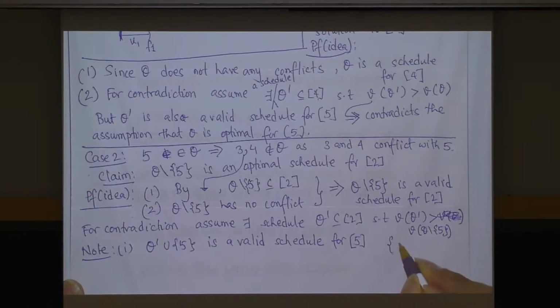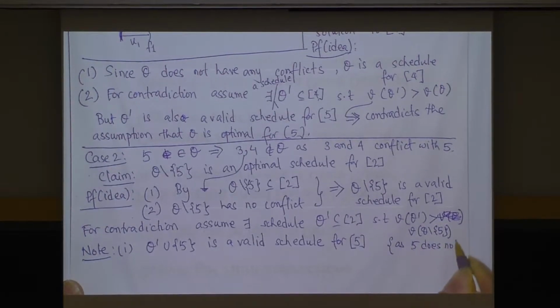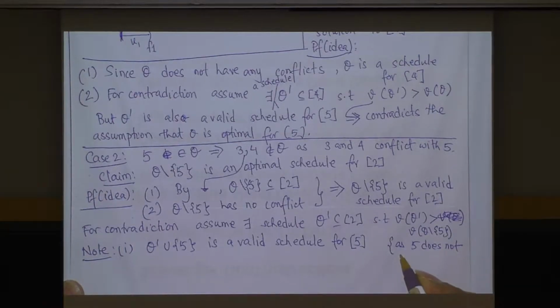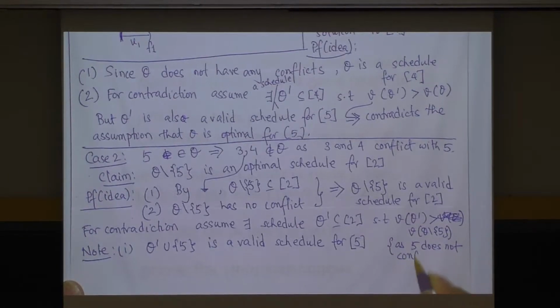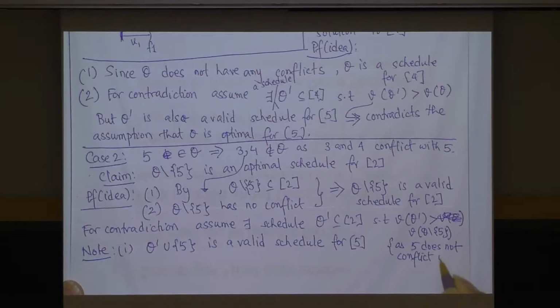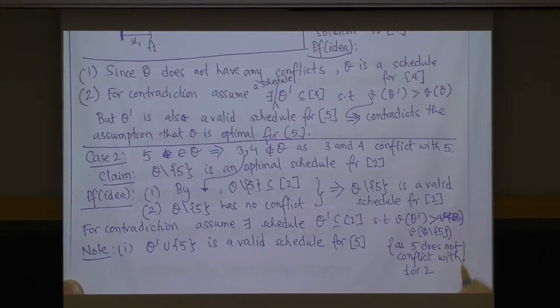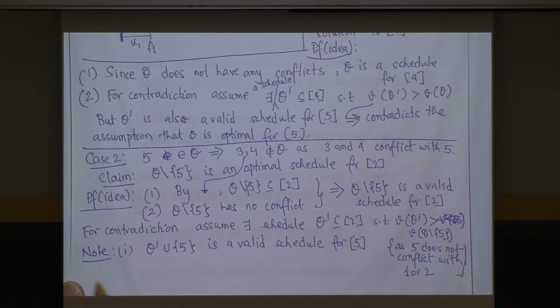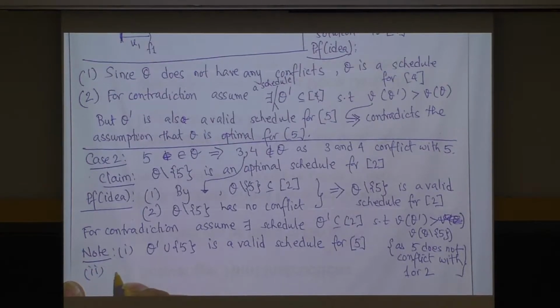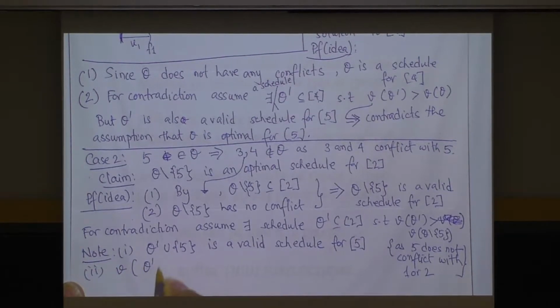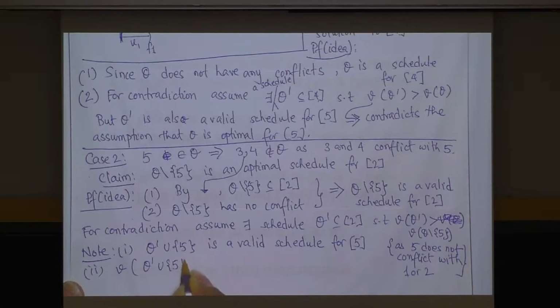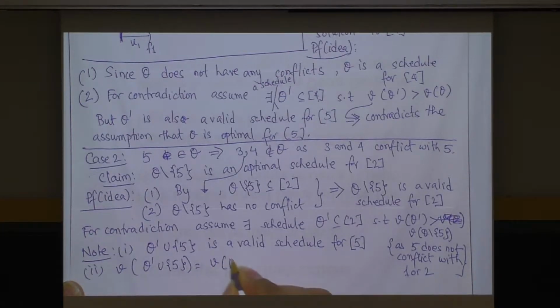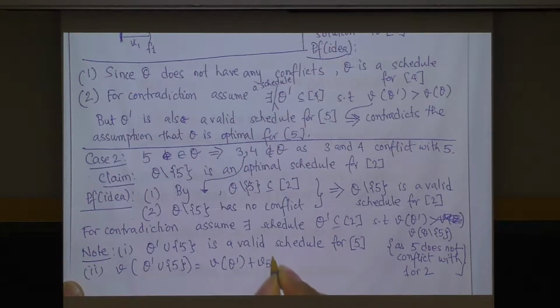And again, the basic thing is, 5 does not conflict with 1 or 2. And since it's a valid schedule, let's look at what the value of O prime plus 5 is: just the value of O prime plus the value of 5.